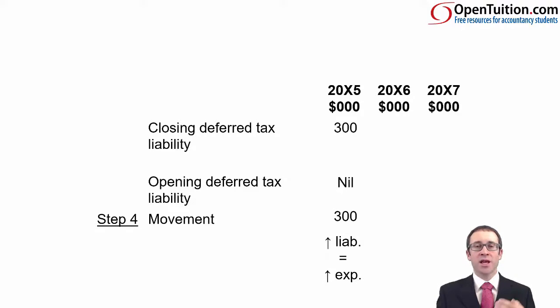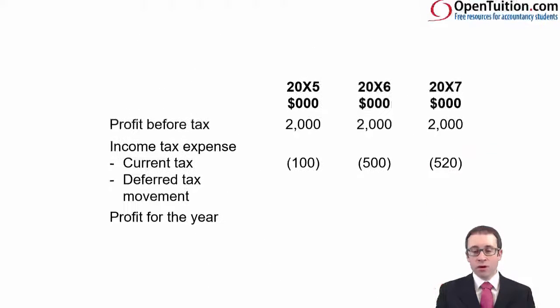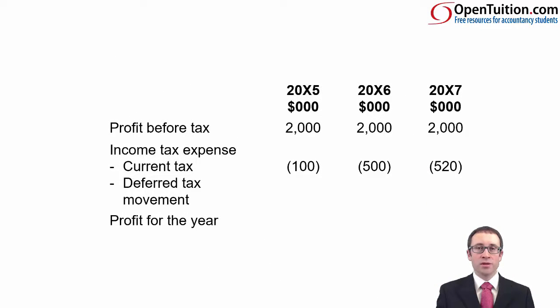Debits for expenses increase them. So that increase in liability gives me an increase in my expense. That 300 we're going to go through there and put in as the movement in my statement of profit or loss. So that 300 combines with the 100 to give me a tax expense of 400 and a profit for the year of 1,600.